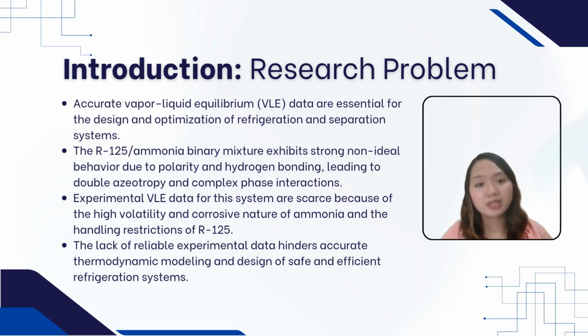Secondly, the mixture exhibits strong non-ideal behavior and double azeotropy caused by molecular polarity difference and hydrogen bonding, making phase equilibrium predictions complex. As a result, the lack of accurate experimental data combined with these complex molecular interactions hinders the development of reliable thermodynamic models, which are essential for the safe and efficient design of refrigeration and absorption systems.